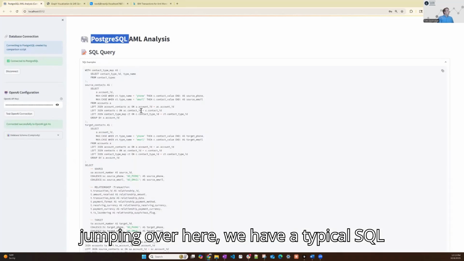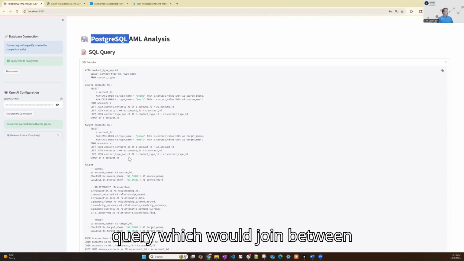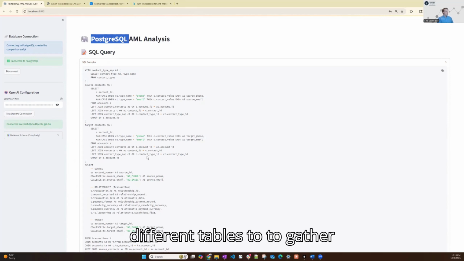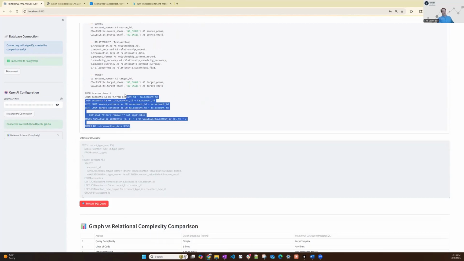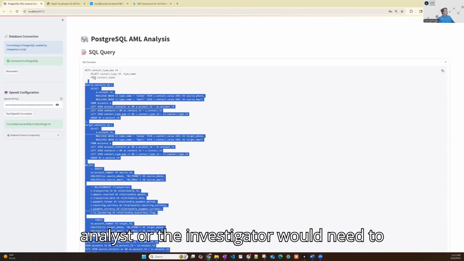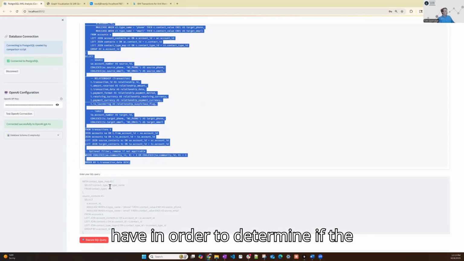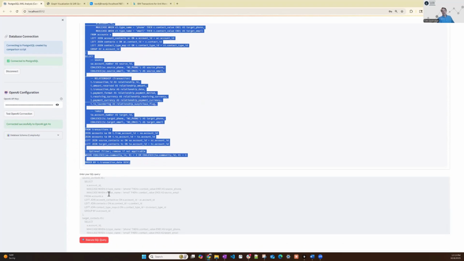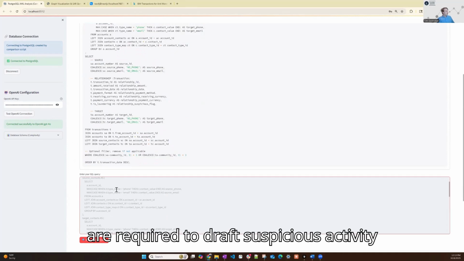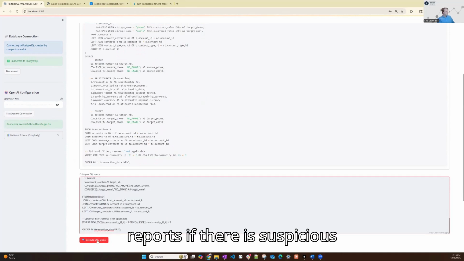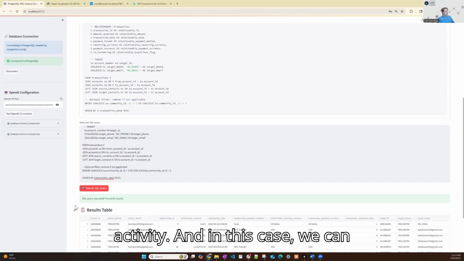So jumping over here, we have a typical SQL query, which would join between different tables to gather information that the analyst or the investigator would need to have in order to determine if the activity is suspicious or not. So banks are required to draft suspicious activity reports if there is suspicious activity.